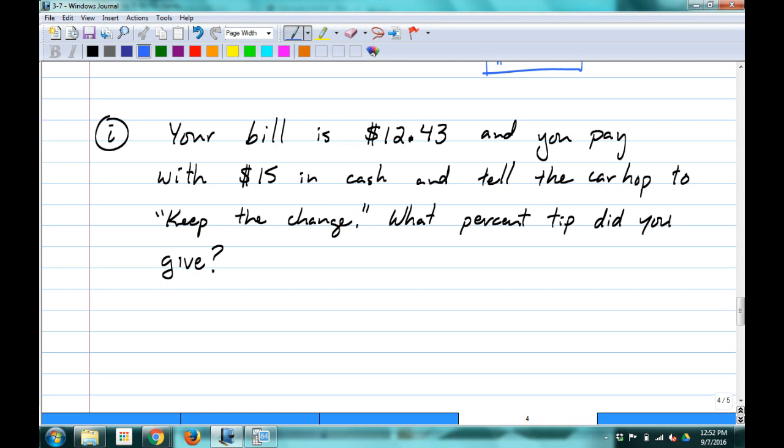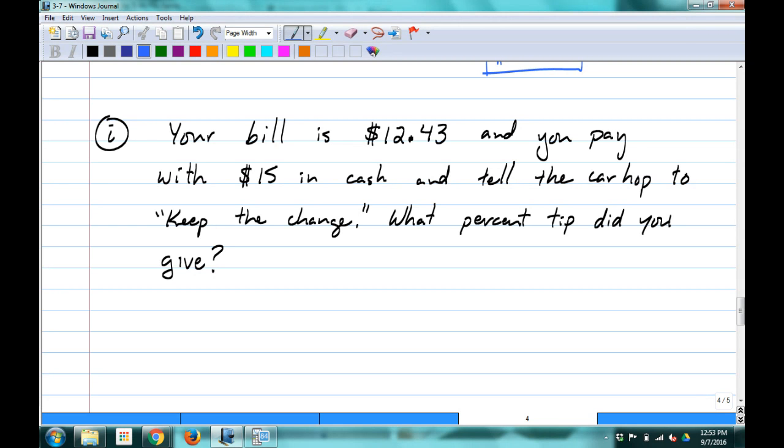Okay, so you paid with $15 in cash and told the car hop to keep the change. I want to know what percent tip you left that car hop.